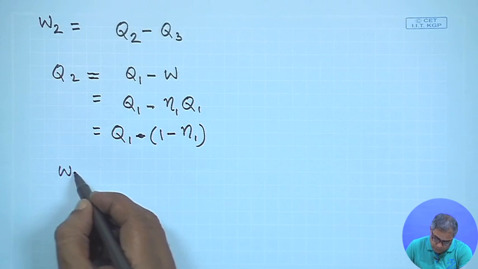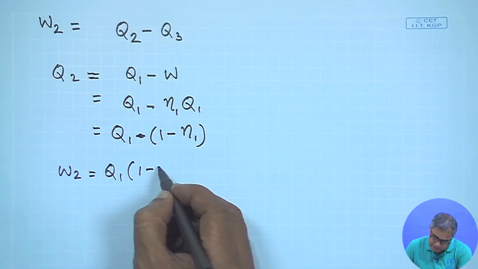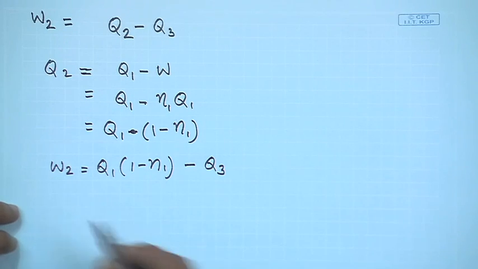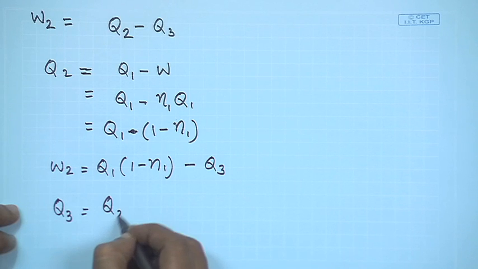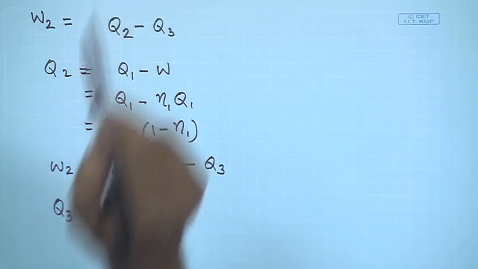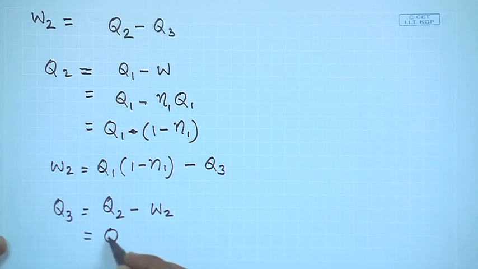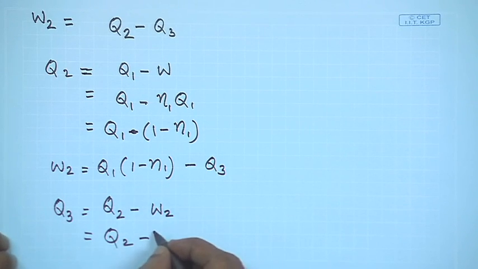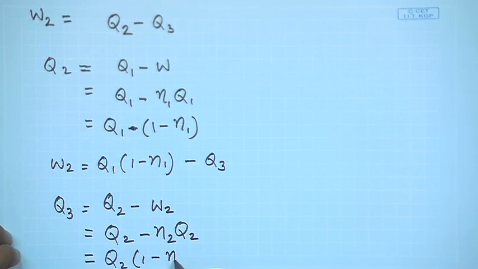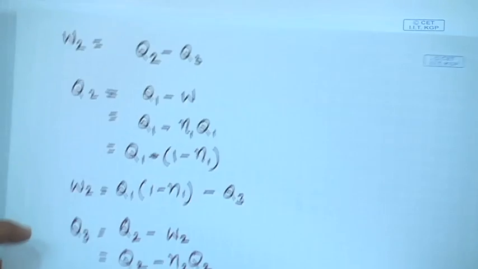So, W2 that is equal to Q1 into 1 minus eta 1 minus Q3, and what is Q3? Q3 we can write Q2 minus W2. Q3 is equal to Q2 minus W2, that is Q2 minus eta 2 into Q2, and this is equal to Q2 into 1 minus eta 2. So, this is what we can write.